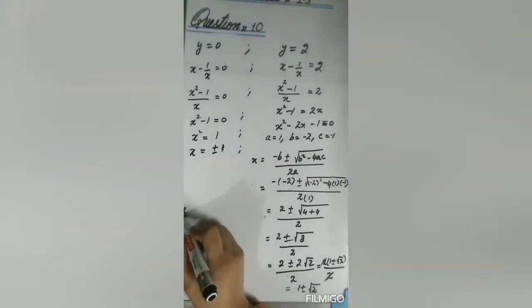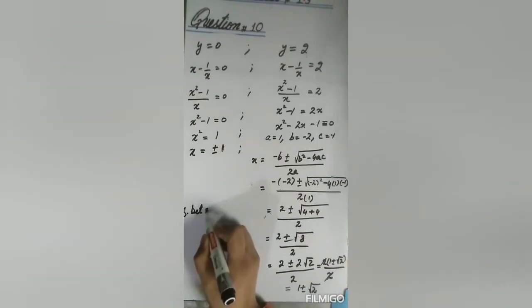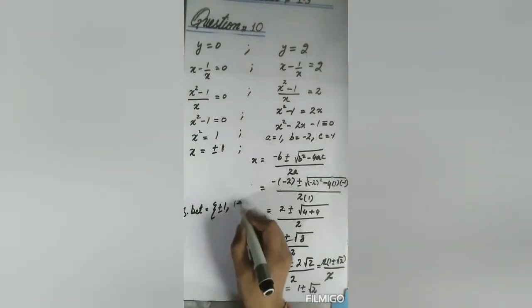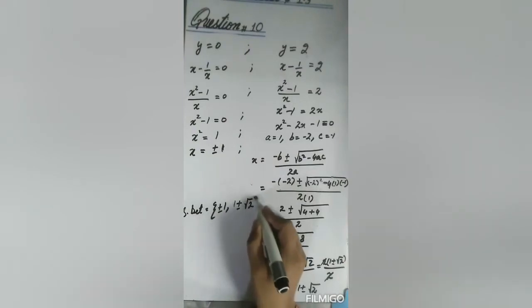When you take 2 common, then we will be left with 1 plus minus under root 2 over 2. 2 will be cancelled and we will be left with 1 plus minus under root 2. So our solution set will be plus minus 1 and 1 plus minus under root 2.